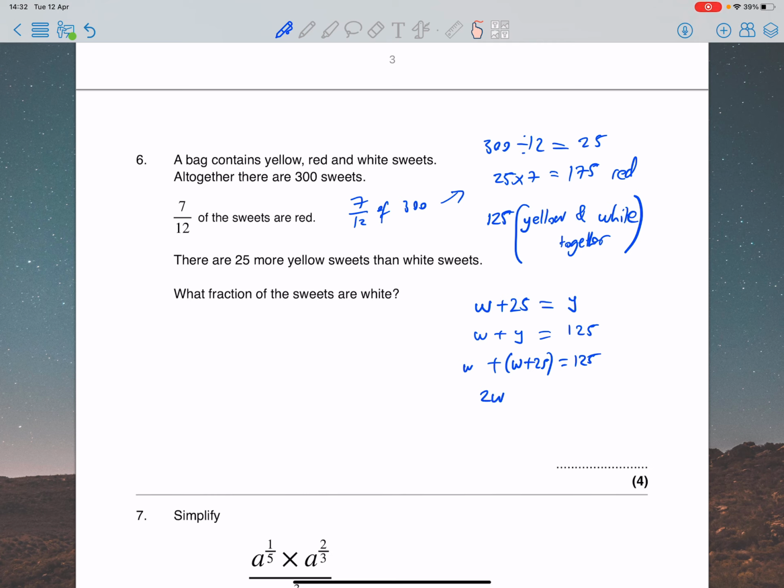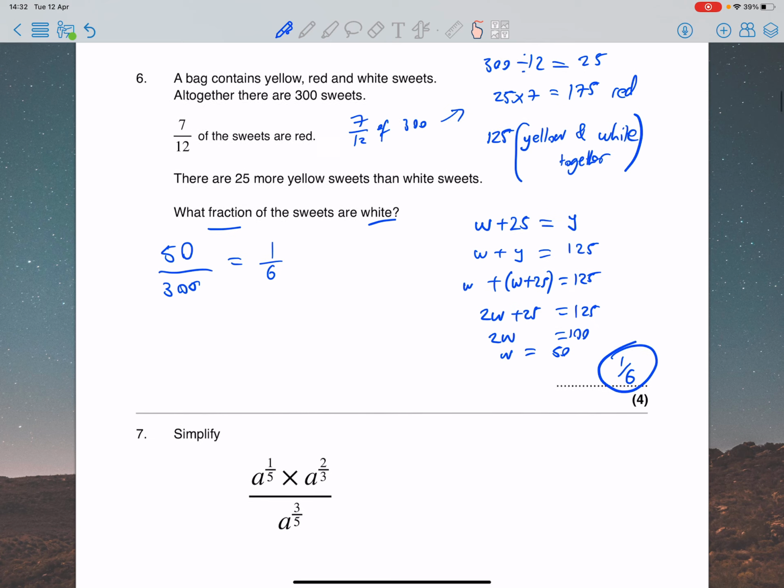So 2w plus 25 equals 125. So therefore 2w equals 100, w equals 50. And it asks to work out the fraction of the sweets that are white. So there are 50 white sweets out of 300. And that simplifies to, well, you can divide both by 50. That becomes 1/6. So that's the final answer.